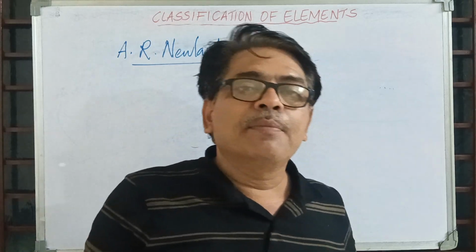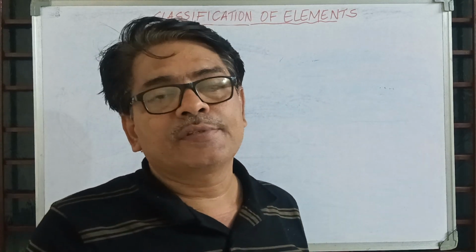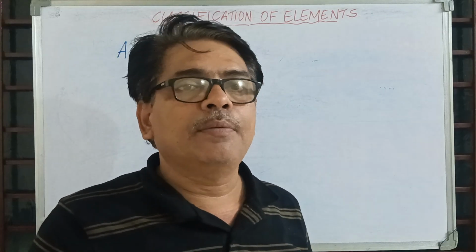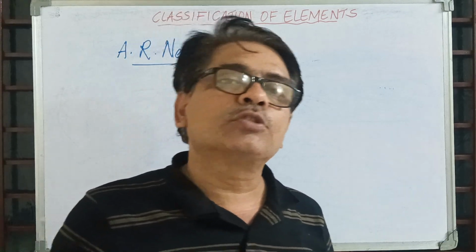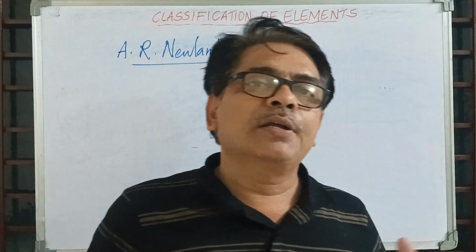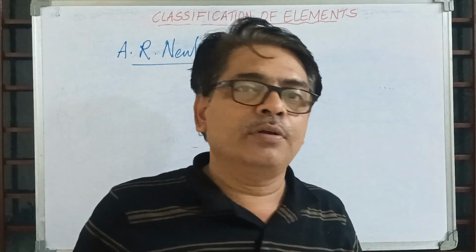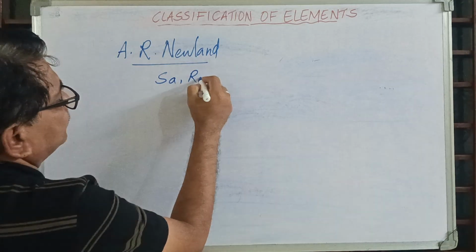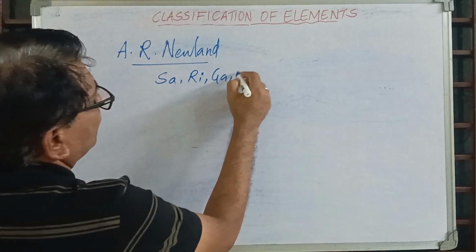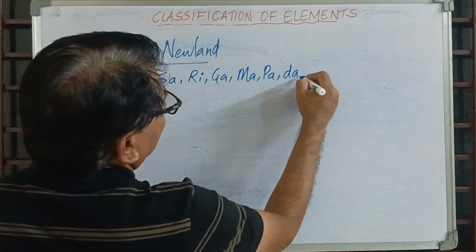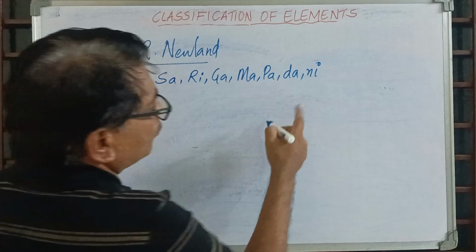Now what did he do? He classified them according to musical octaves. Sa Ri Ga Ma Pa Da Ni. Actually they are 7 in number, right? We generally don't stop at 7. We say Sa Ri Ga Ma Pa Da Ni Sa, which means we repeat the first one again as an 8th note.